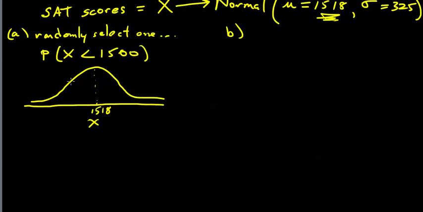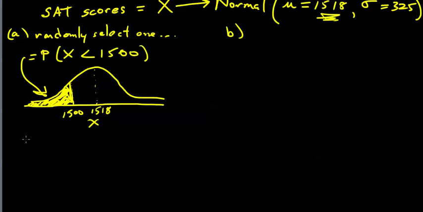Well, that's going to be a little bit left of the mean here. I'll indicate that 1500 location right here. So really what I want is the area under the non-standard normal curve left of 1500, right? This area equals this probability.